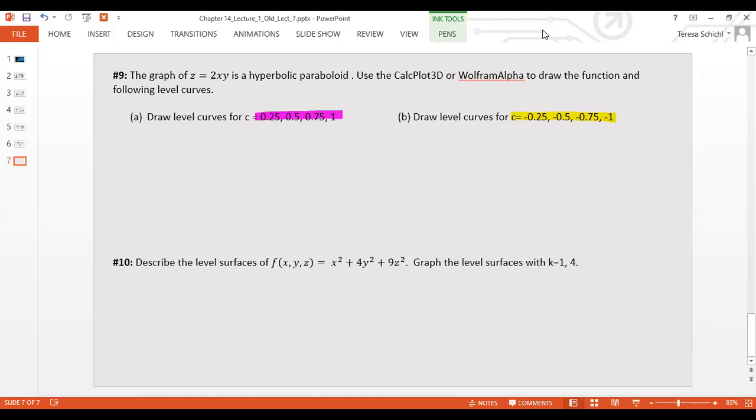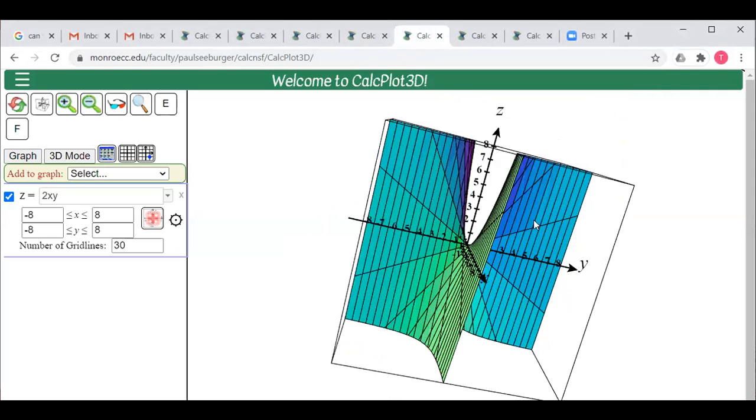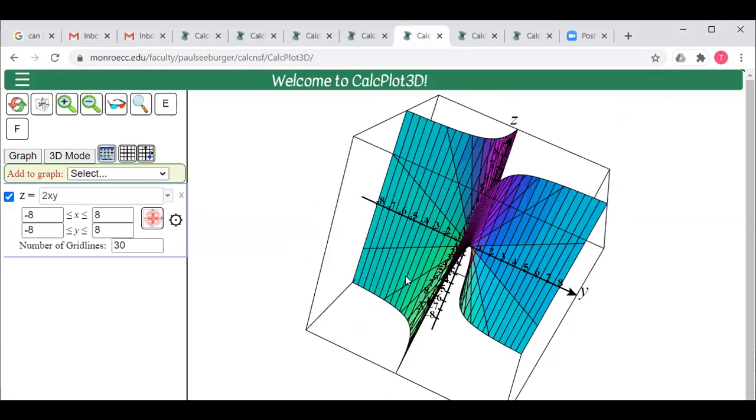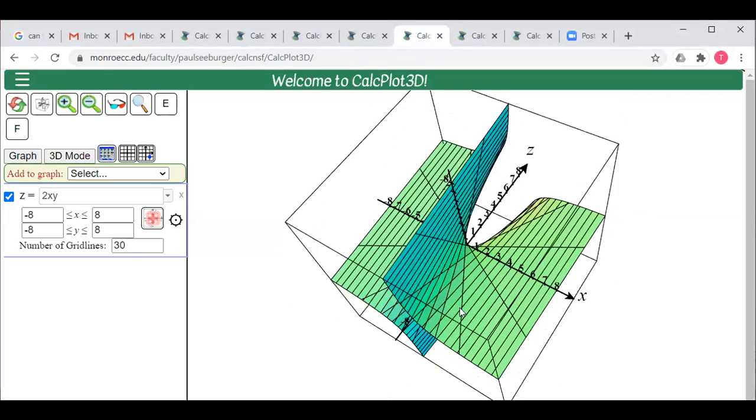Okay, so now let's go to our Calc3D, right? This is my next one here, 2xy. So it's pretty cool, right? You see, this is what the graph looks like. This is a paraboloid, and when you cut it, it becomes hyperbolic.